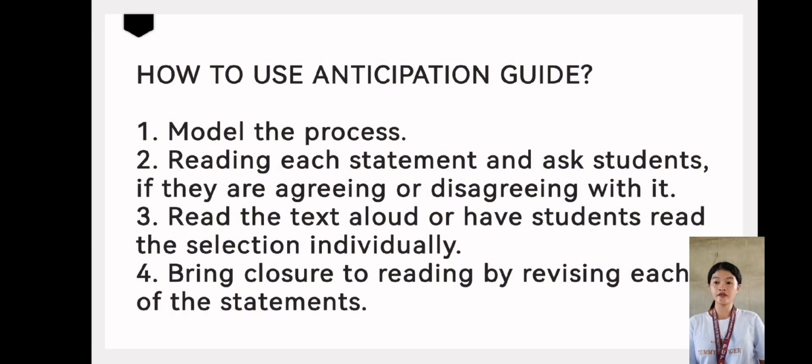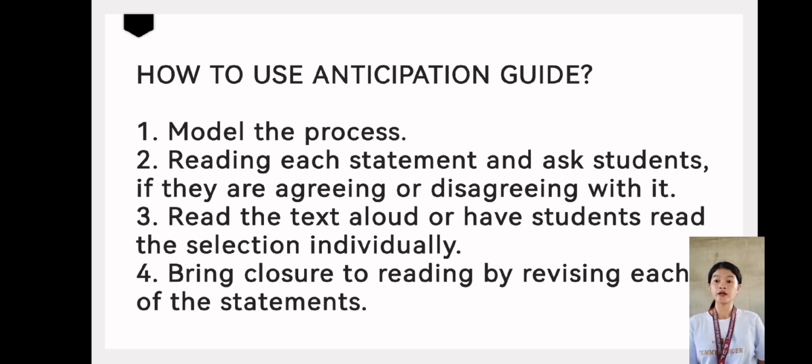In the third step, read the text aloud or have students read the selection individually. As a teacher, you have the option if you are the one who will read the text or your students. It depends on you.